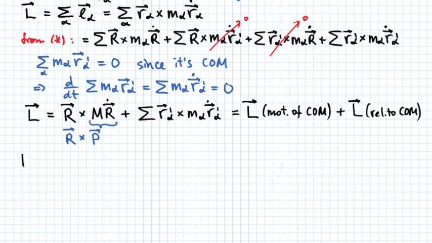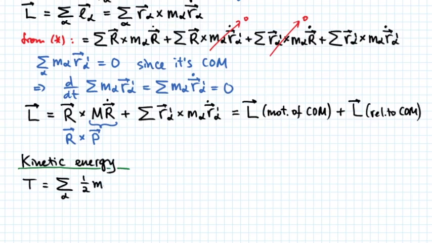Next, let's consider kinetic energy. Total kinetic energy will be simply the sum over all alpha of half mass alpha times velocity alpha squared.